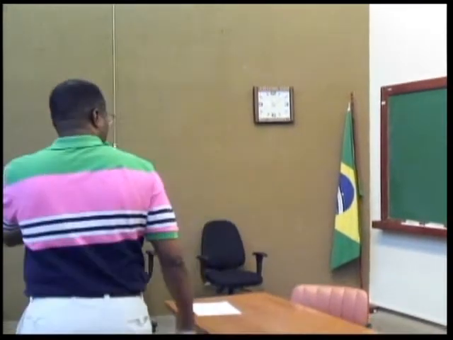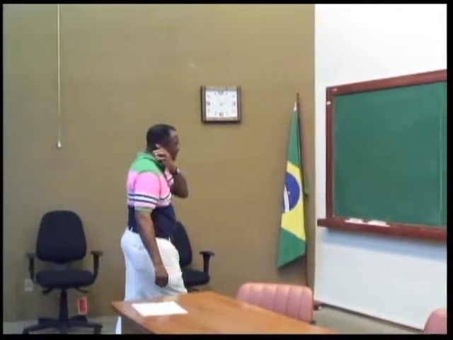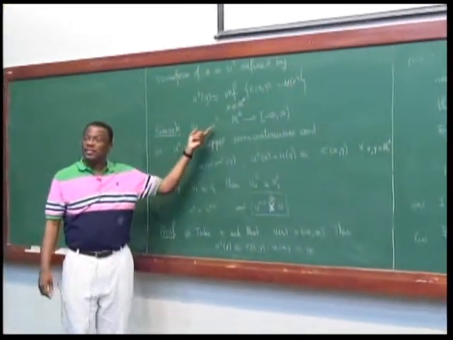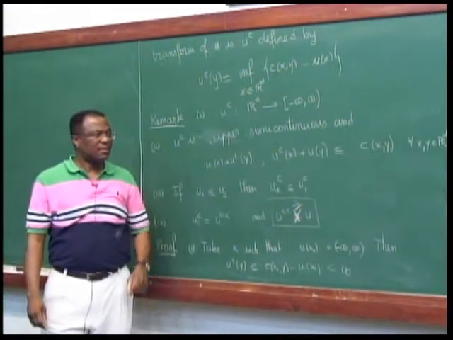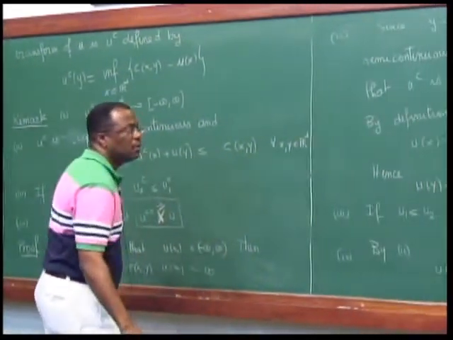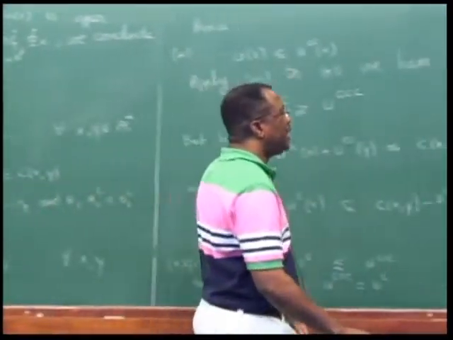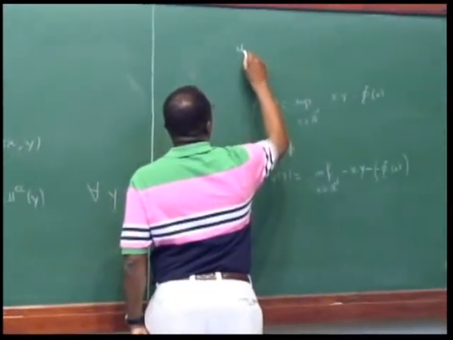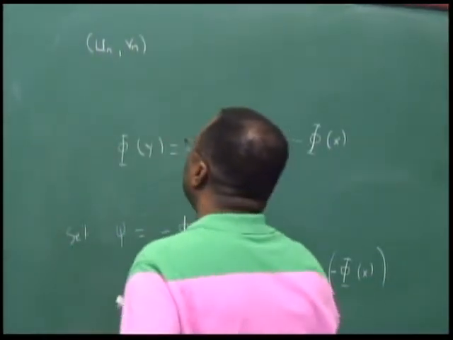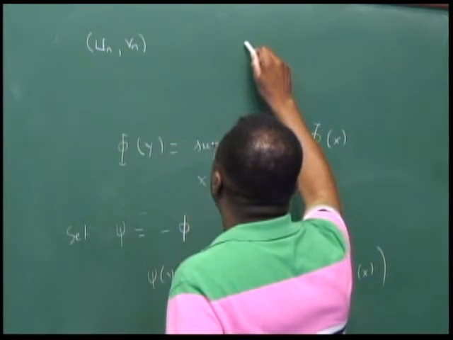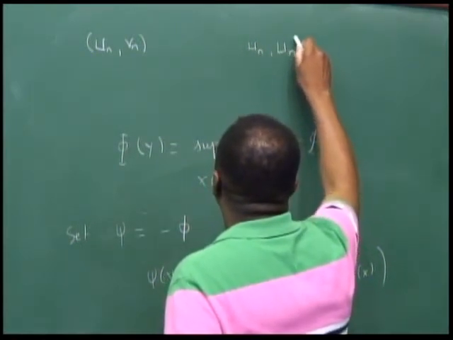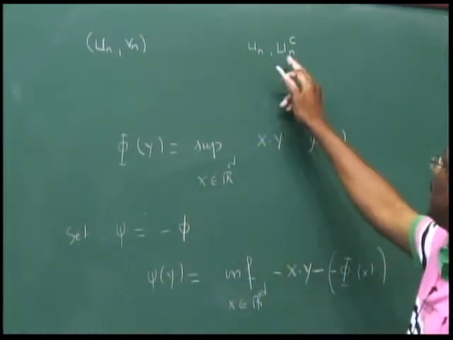Now, if I manage to prove that u^c becomes Lipschitz, then I start with a maximizing sequence u_n, v_n. I am going to replace it by u_n, u_n^c.